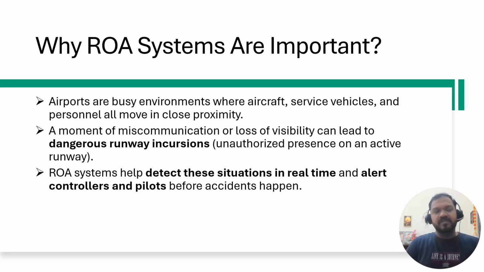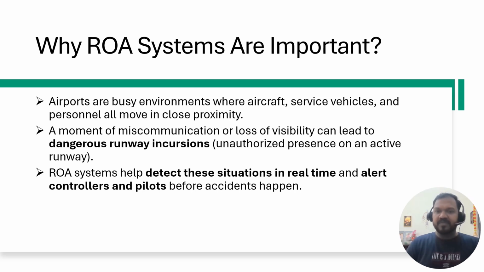So why is this system so important? In general, an airport is very busy. There are a lot of vehicles, ground movements and MRO activities, and they all happen on the busiest runway. Many times we face many issues on these runways without this safety perspective, and a lot of miscommunication can happen.